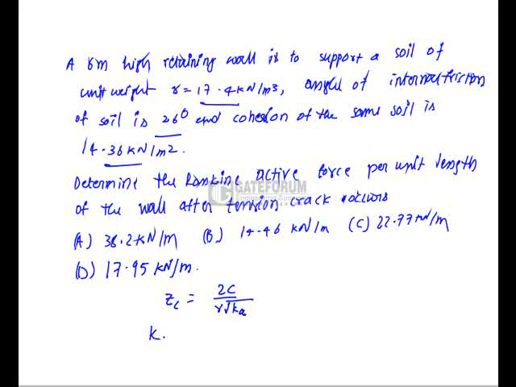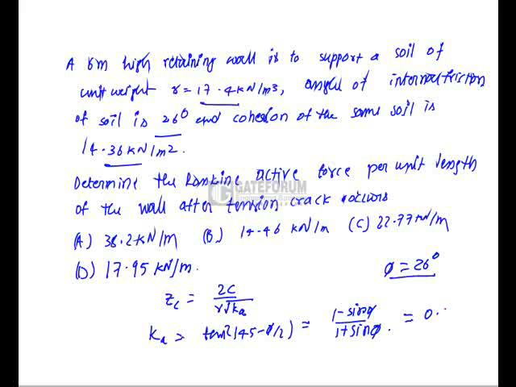What is Ka? Active pressure coefficient, it is tan square (45 minus phi by 2), or (1 minus sin phi) by (1 plus sin phi). By substituting the angle of internal friction value of 26 degrees, given in the question, we get the active pressure coefficient as 0.39.